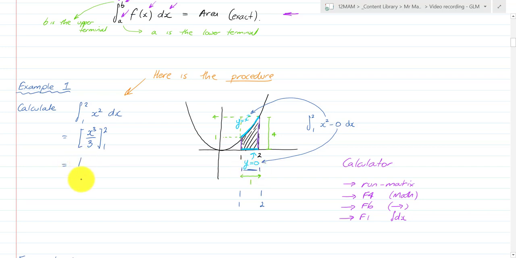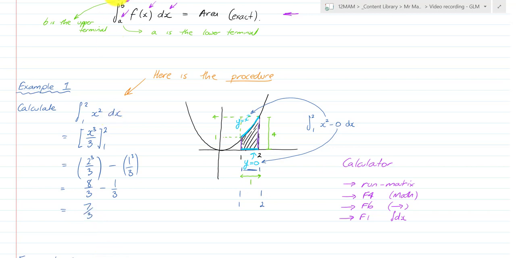So we have 2 cubed over 3 minus 1 cubed over 3. All I've done is take the x out and substitute 2 in. This is equal to 8 over 3 minus 1 over 3, which is equal to 7 over 3.